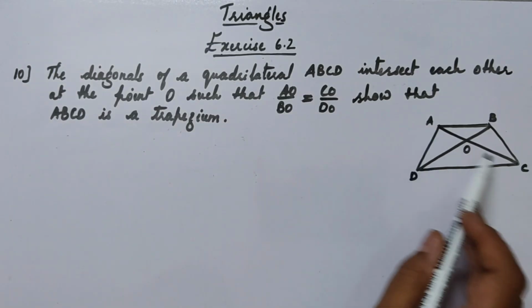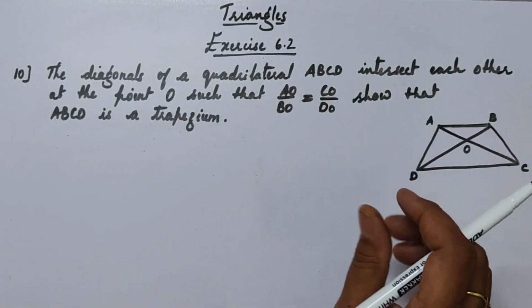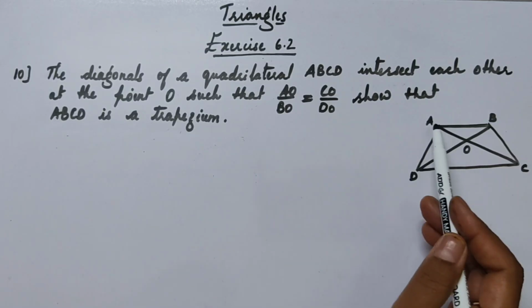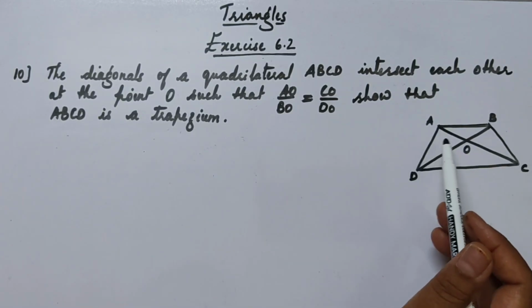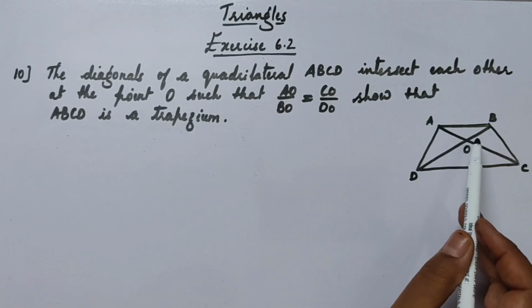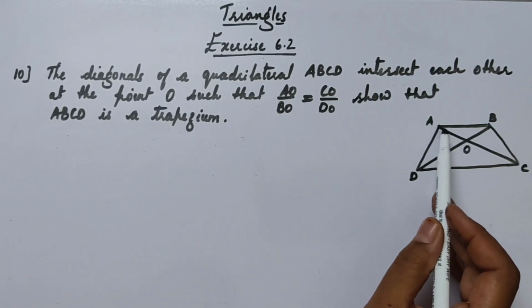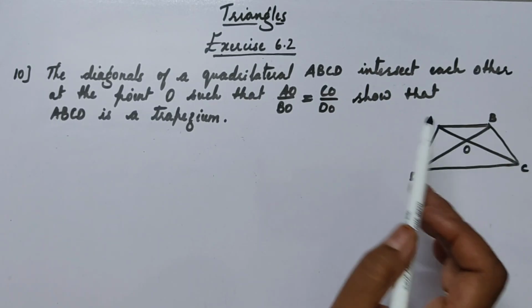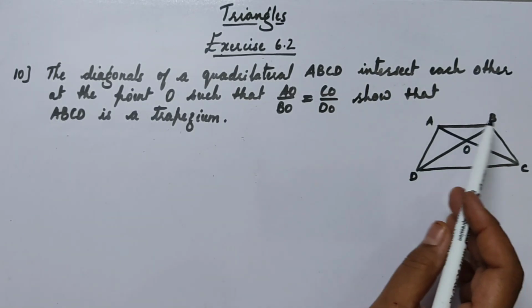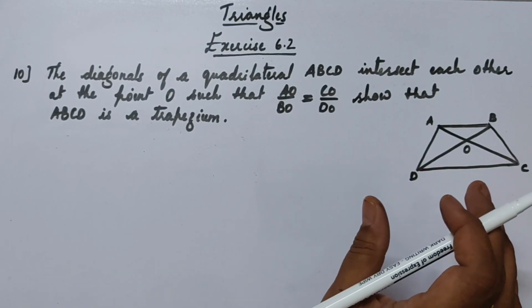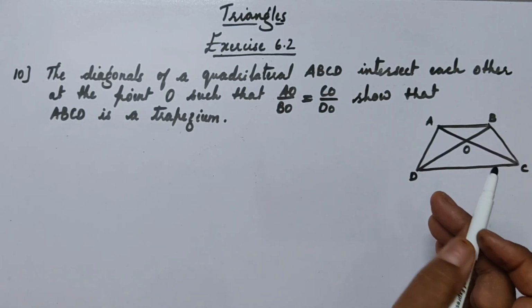The diagonals of a quadrilateral. A quadrilateral is nothing but a four-sided figure. Now this is a quadrilateral ABCD and the diagonals are intersecting at the point O, such that AO by OB equals CO by OD. We have to show that ABCD is a trapezium. We have to prove that ABCD is a trapezium, students.